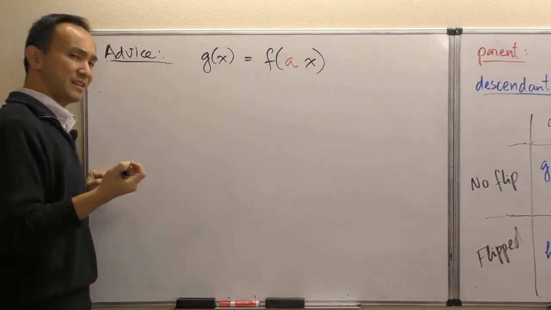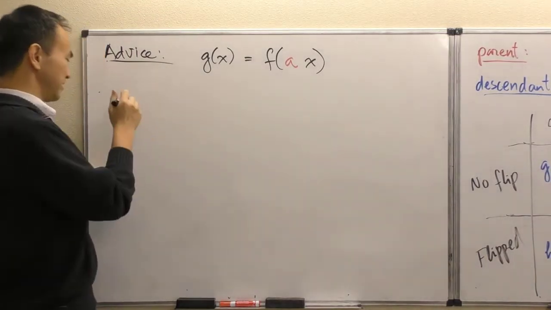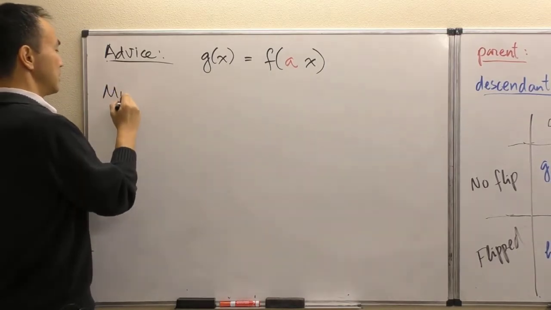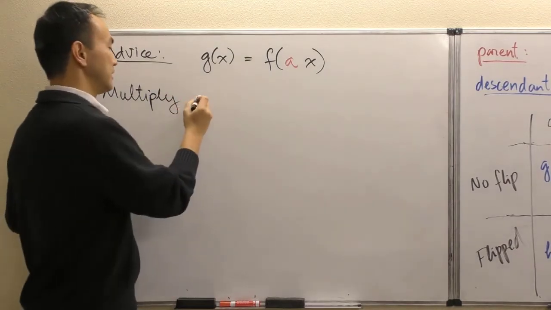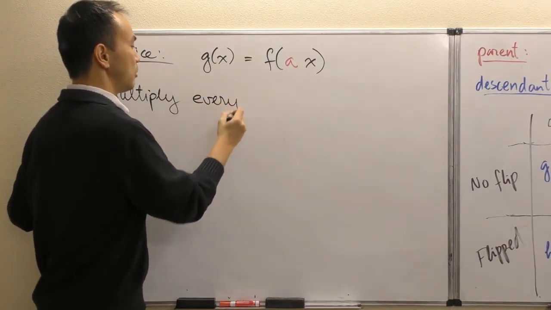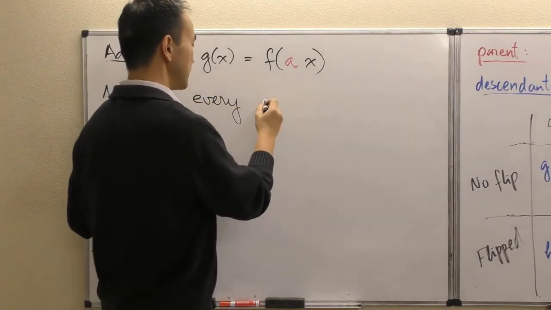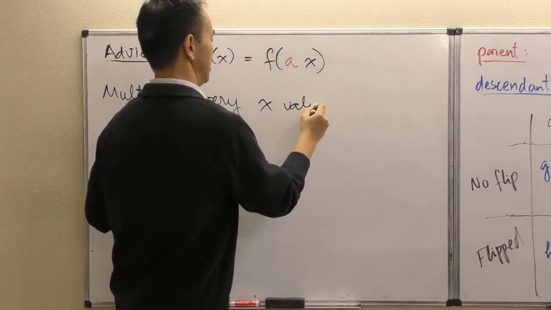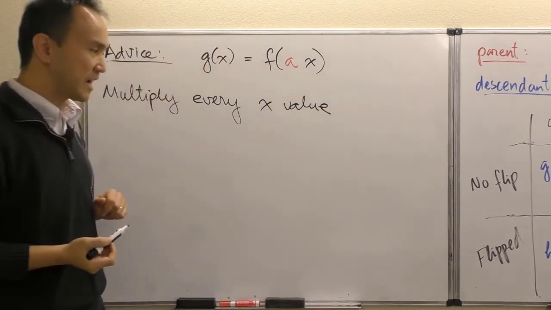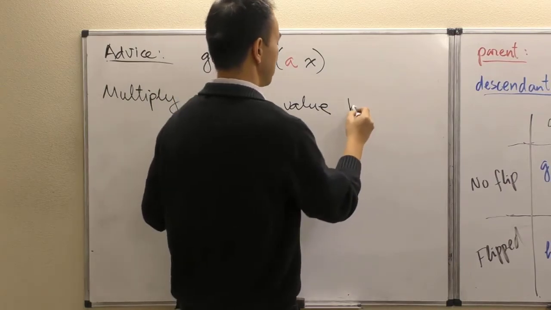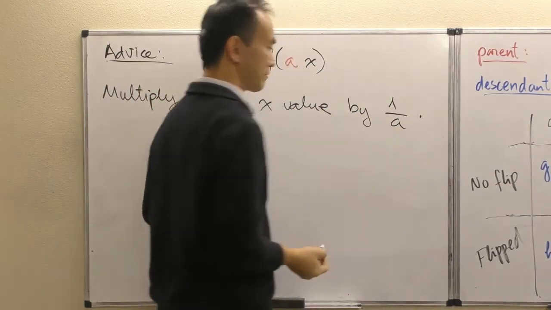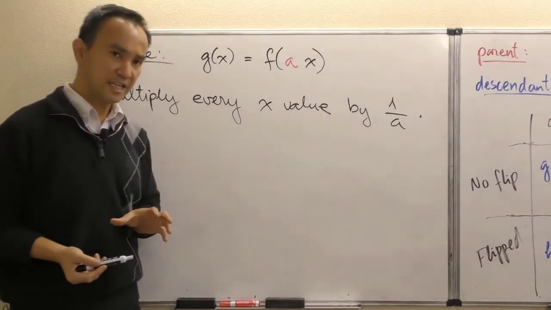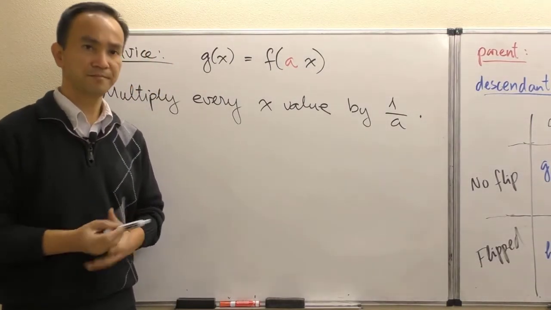To create the correct transformation, we simply multiply every x value by the only one surprise, by 1 over a. We multiply every x value by 1 over a.